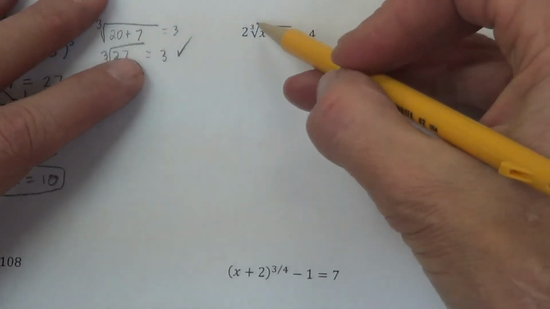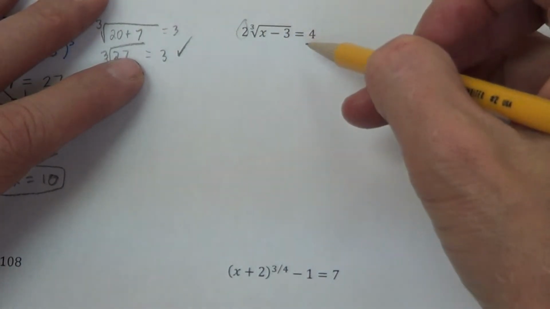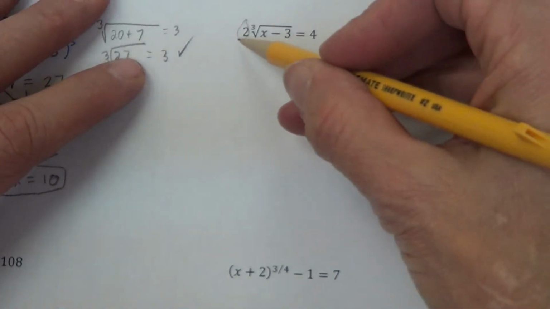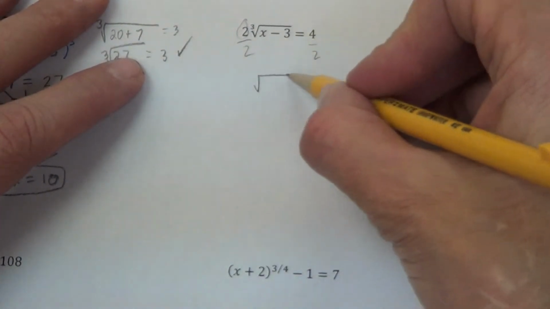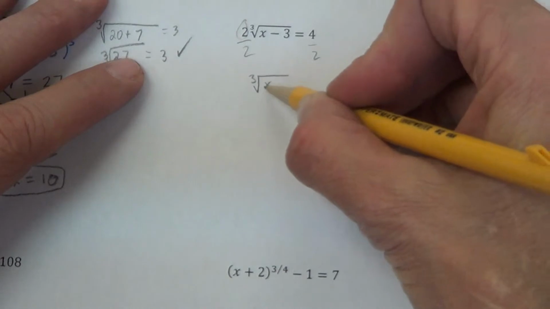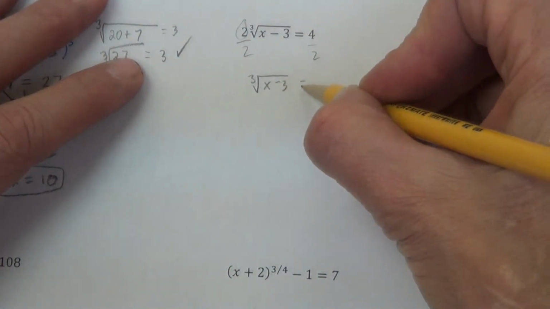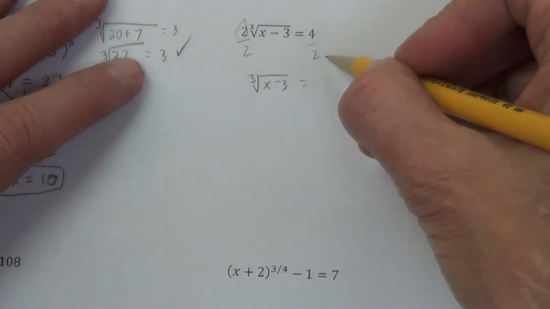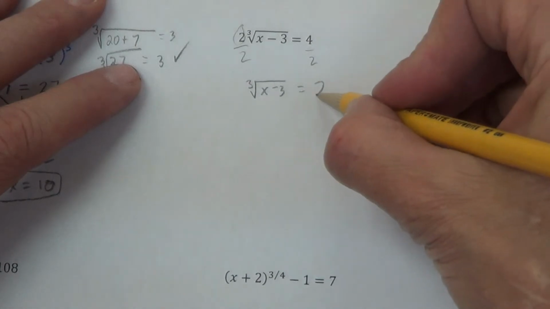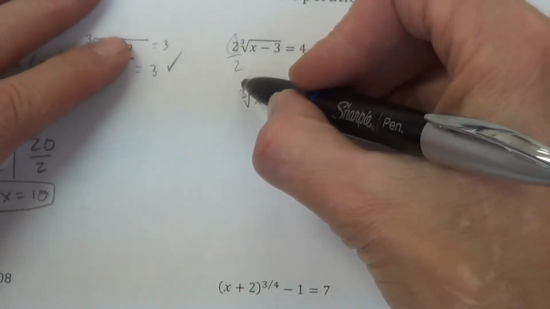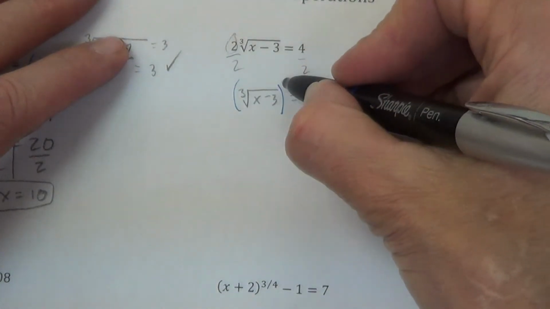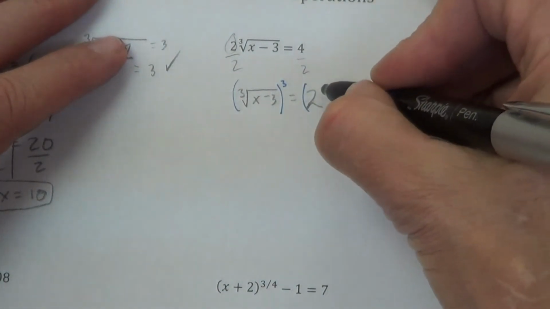Okay, next one. Before we get to the cube root, we've got a 2 that we can take care of. So we could divide each side by 2. So we would have cube root of x minus 3 equals 4 divided by 2, which is 2. Now, to get rid of that cube root, again, we would cube it. That means we have to cube this side.